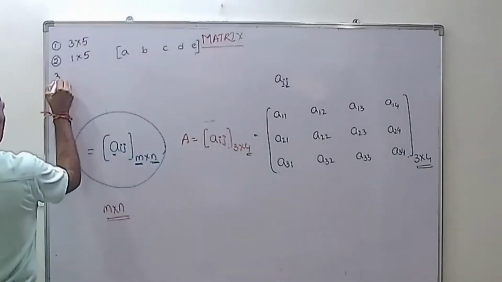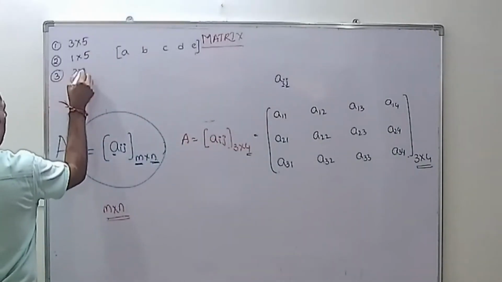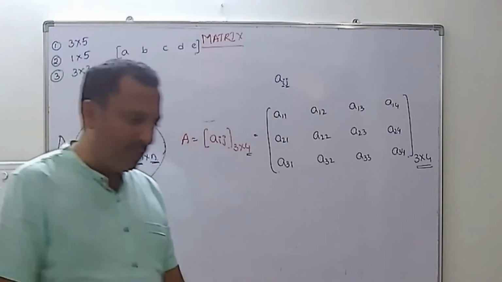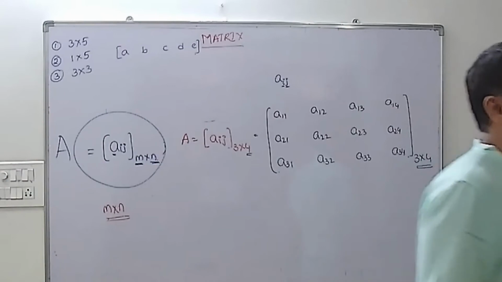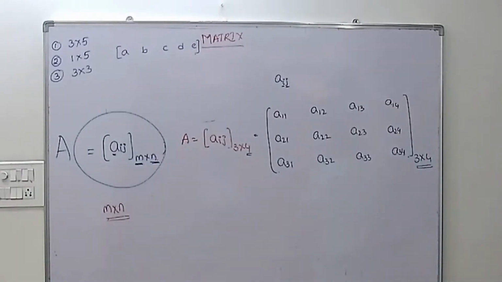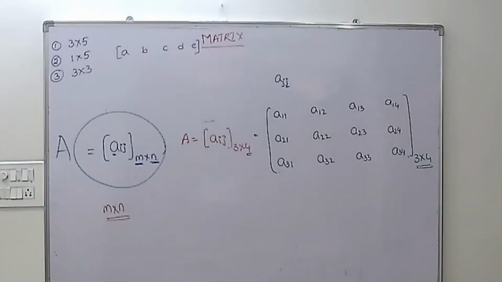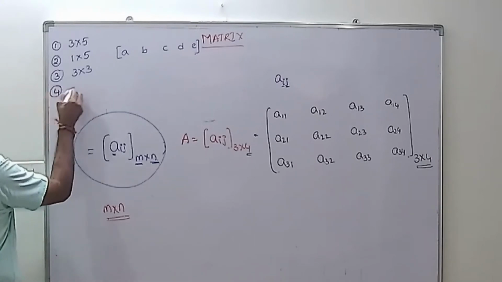Third one, order is 3 by 3. Means what? 3 rows, 3 columns, 9 elements.